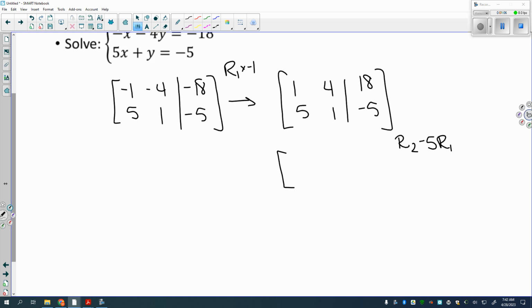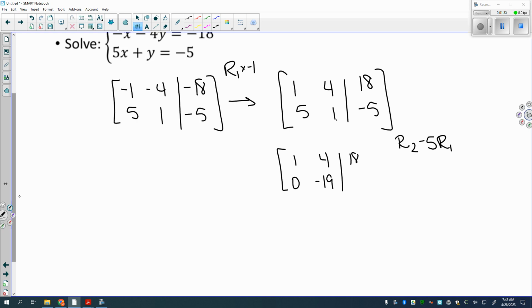And when I do that, row 1 stays exactly the same, but that is going to become a 0. But since I'm taking row 2 minus 5 times row 1, it's 1 minus 5 times 4. So that's a negative 19. And then it's going to be negative 5 minus 5 times 18.